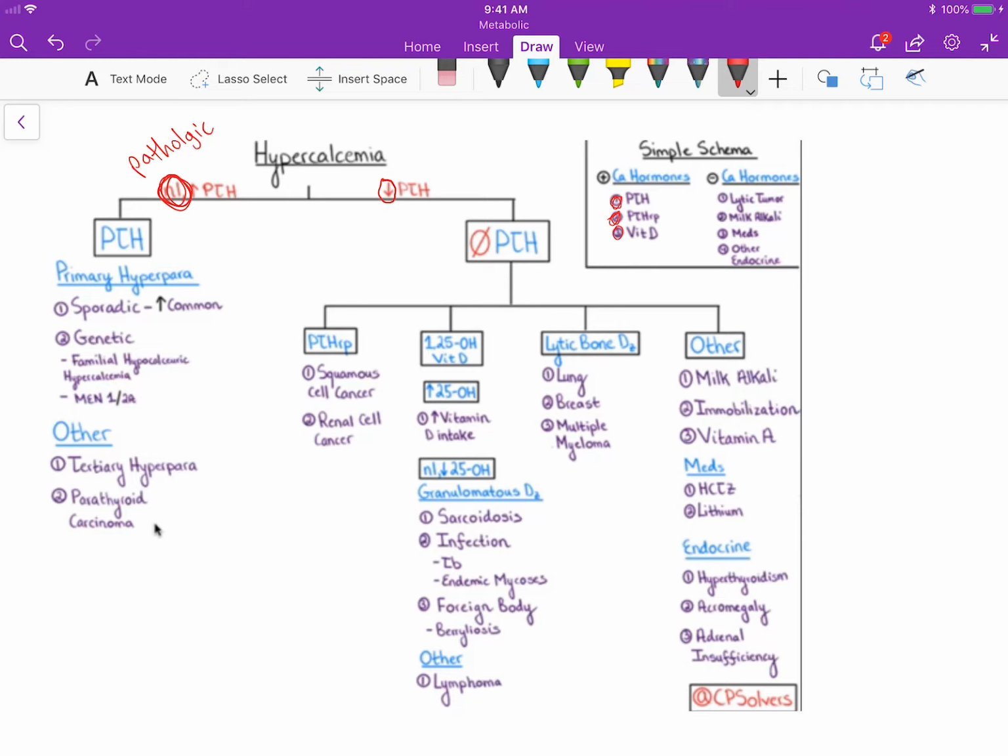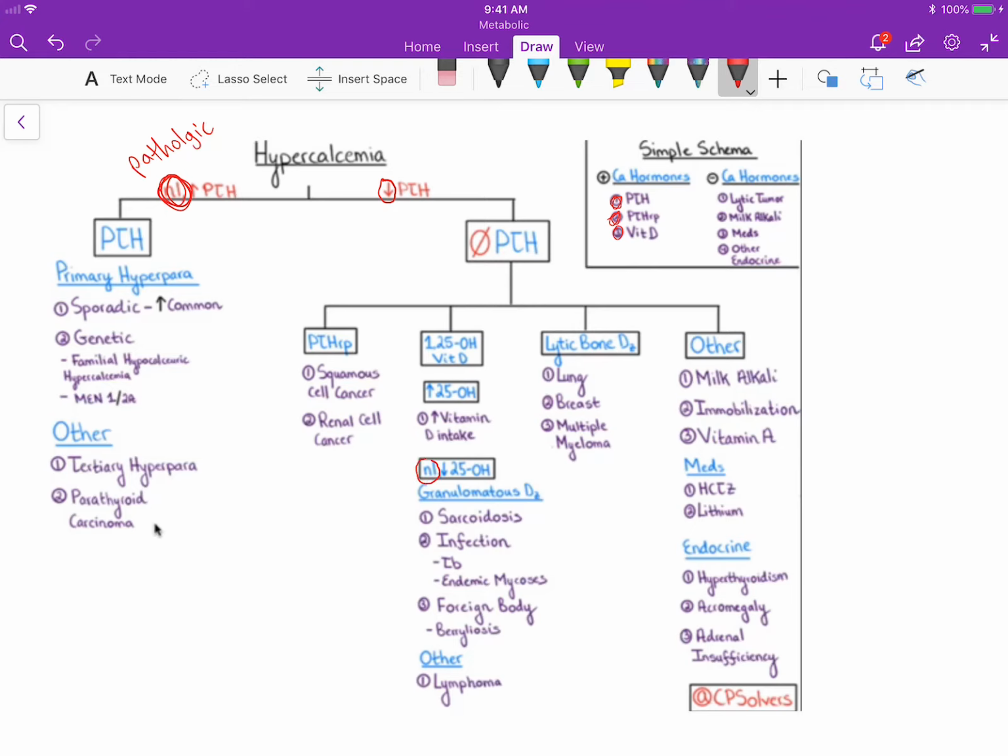PTH is considered pathologic. Okay, notice how this differs from a 25 hydroxy vitamin D level down here.